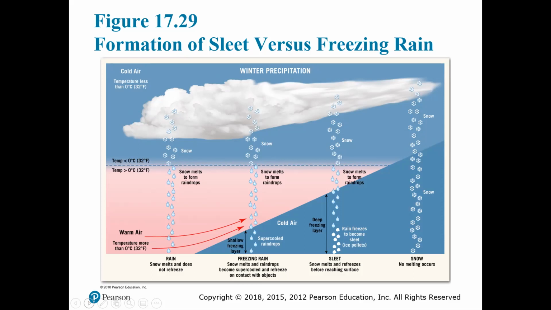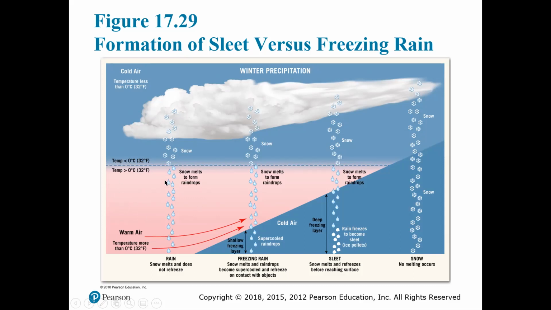Okay, so here's our cloud. Okay, and so we've got cold air, we've got the Bergeron process that's occurring here. Okay, and here's our 0-degree line. Notice we're forming snow in all circumstances up here in this area that's less than 0 degrees Celsius.